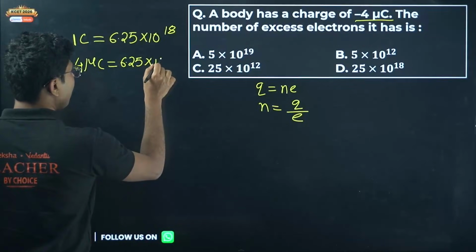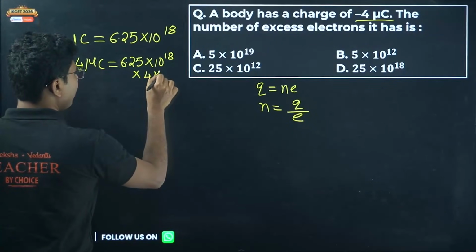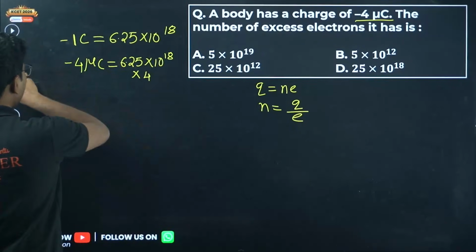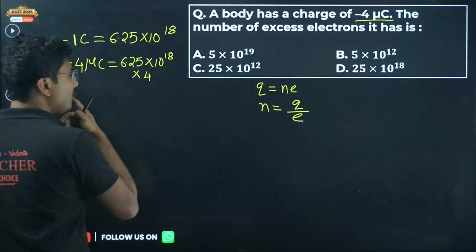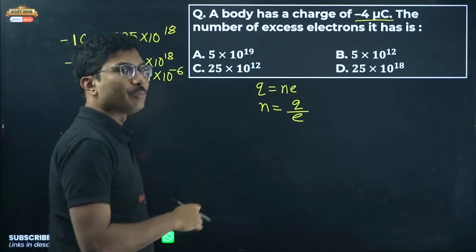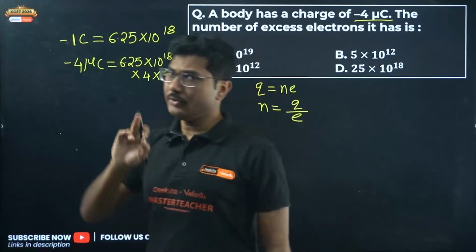6.25 into 10 to the power of 18 into 4 microcoulomb. So what is 4 microcoulomb? Obviously you don't have to use the unit. Micro means 10 to the power of -6. That conversion you have to remember.